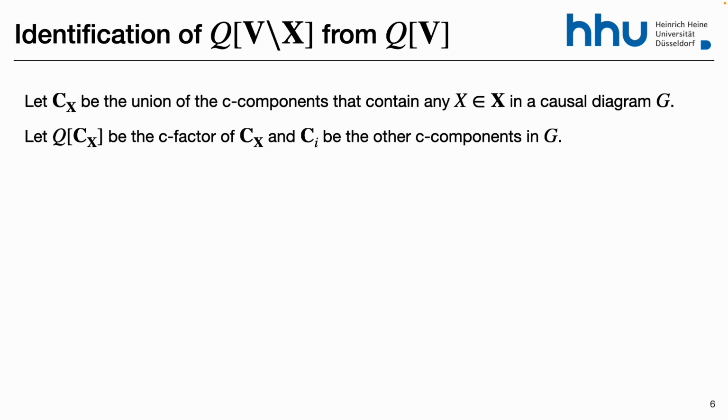And then for every other C-component, we denote it as C_i. We have several others; each one is going to be a C_i, with i going 1, 2, 3.